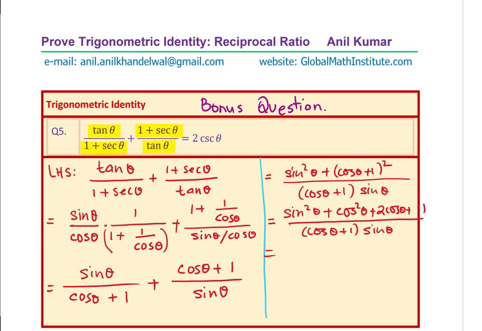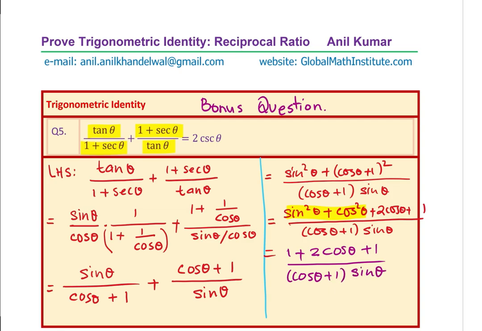Now what is sine square theta plus cos square theta? It is just 1, right? So writing that as 1, we get 1 plus 2 cos theta plus 1 divided by cos theta plus 1 times sine theta.